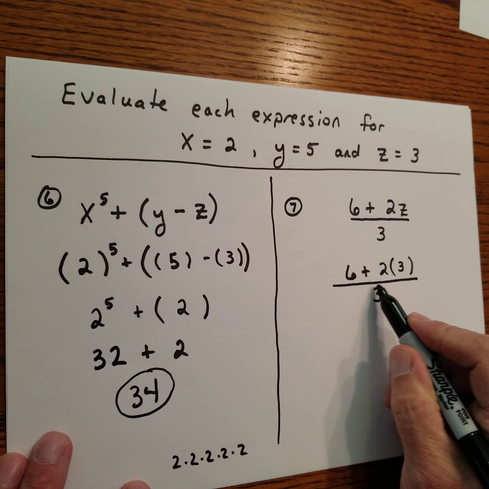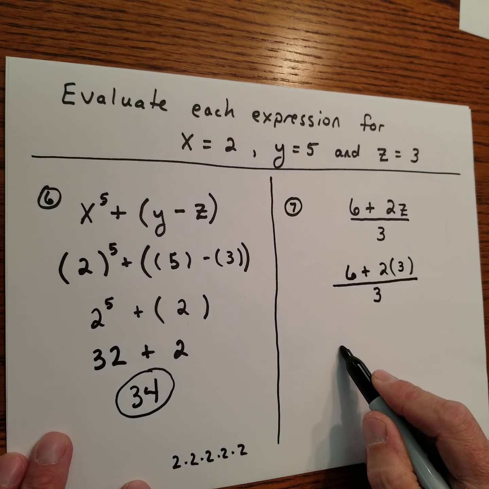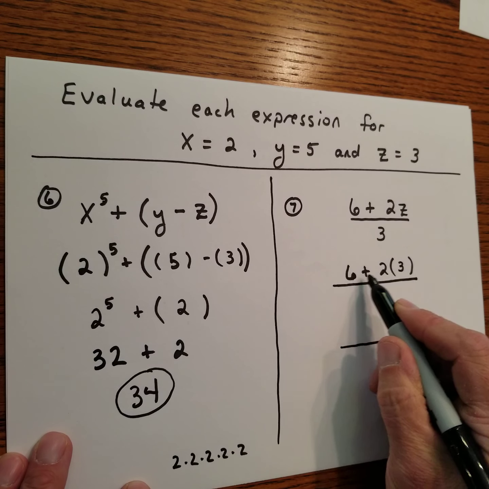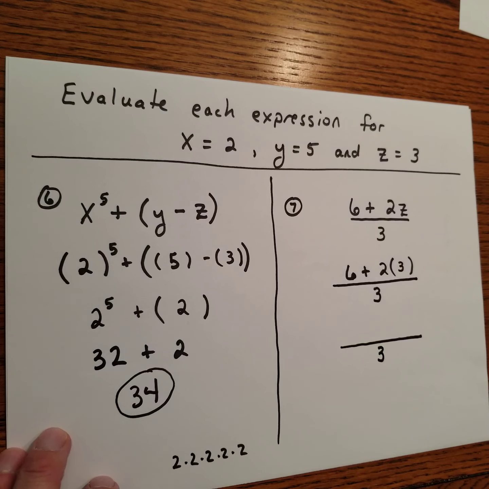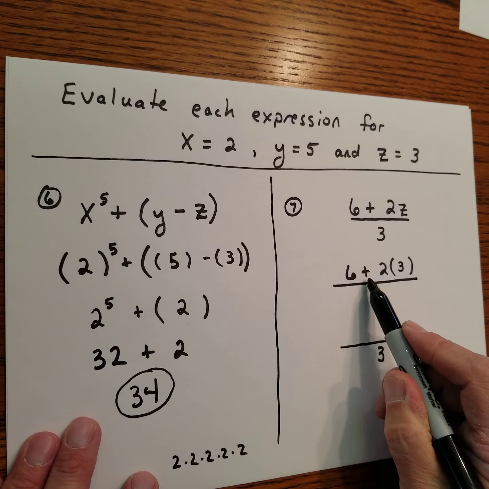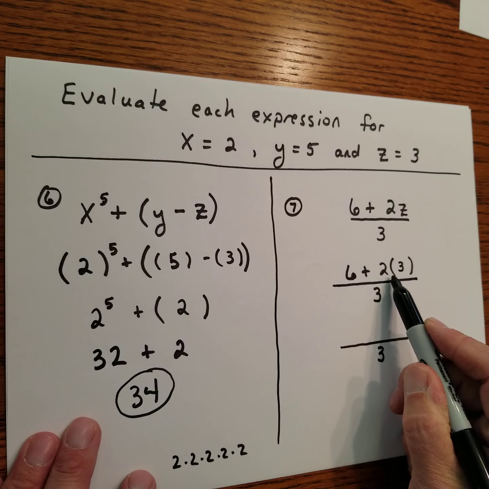Now the division bar also acts like a grouping symbol. There's a top group and a bottom group. There's nothing to do in the bottom group, so we'll just copy the 3. In the top, we have addition and multiplication. Think PEMDAS. Addition and multiplication, the multiplication has to happen first.